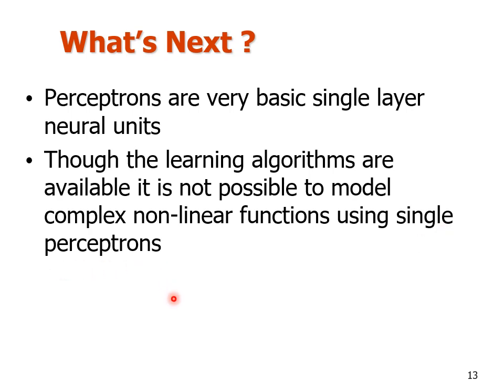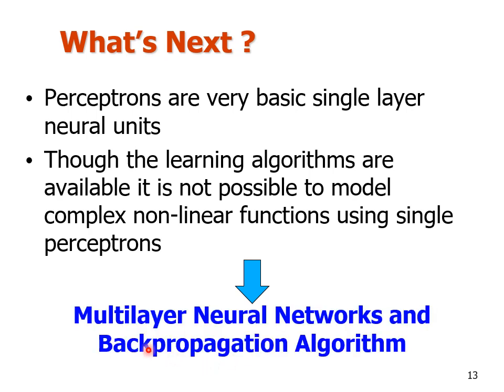Thus, we need to extend this concept of perceptron to a higher level, and hence in the next session we are going to discuss multi-layer neural networks and the popular backpropagation algorithm.